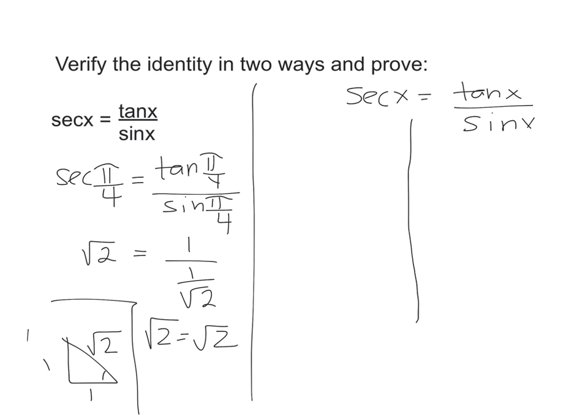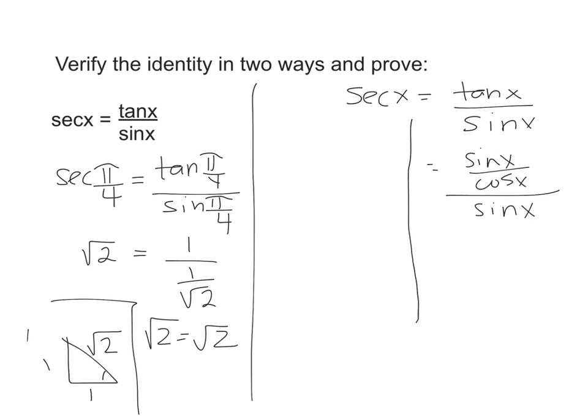I'm going to go equals sine x over cosine x over sine x. That sine x is going to stay the same. Changing tangents, cotangents, secants, and cosecants into sines and cosines is a common first step when you're proving identities, especially when they're fairly simple ones like this. Even in some of the more complex ones.